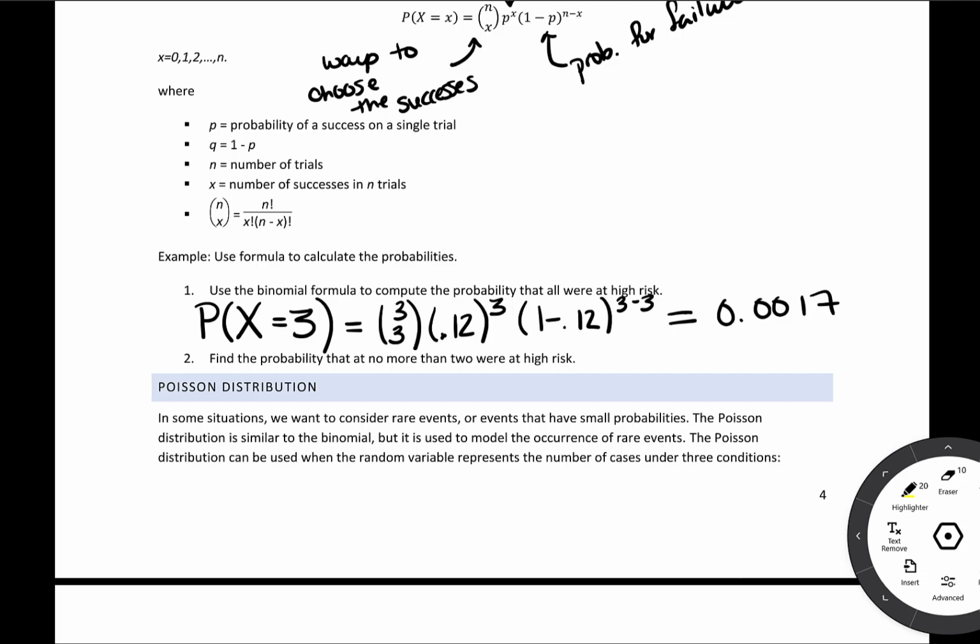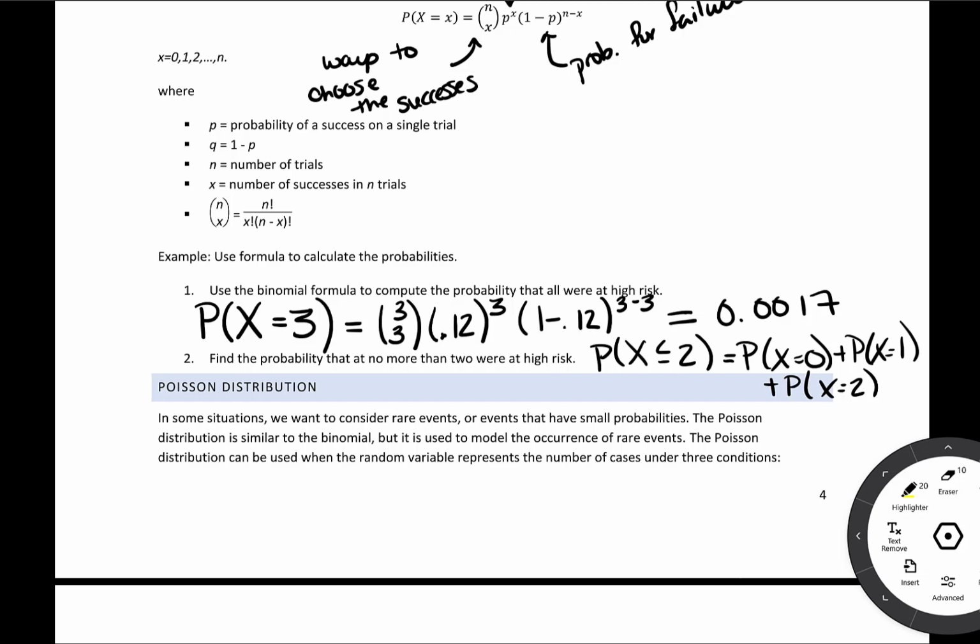And then notice it says find the probability that no more than 2 were at high risk. So if we're finding the probability that no more than 2, that's the probability that x is less than or equal to 2. So that's the probability that x is equal to 0 plus the probability that x is equal to 1 plus the probability that x is equal to 2.